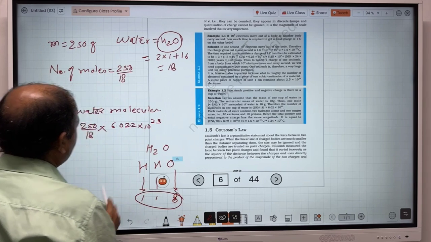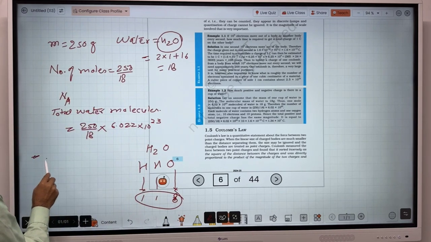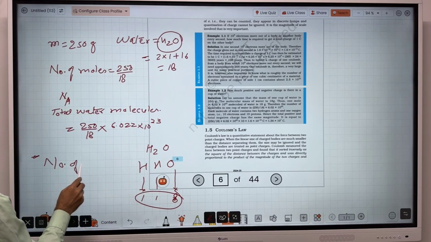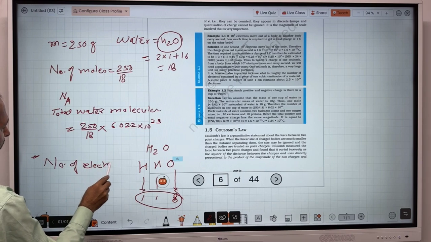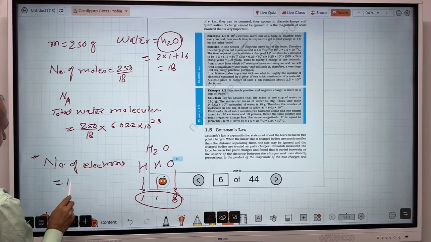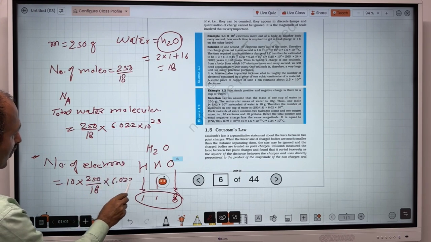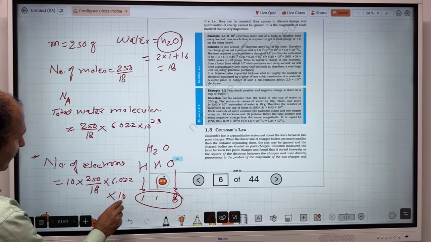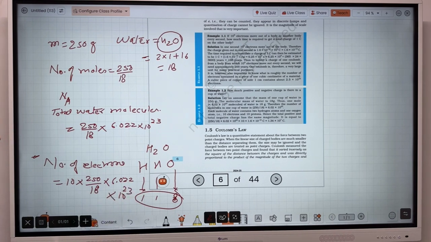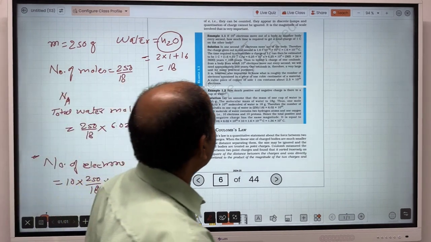So total 10 electrons. So the number of electrons will be 10 times this value: 250 divided by 18 times 6.022 into 10 to the power 23. So you can evaluate it and you can get the answer.